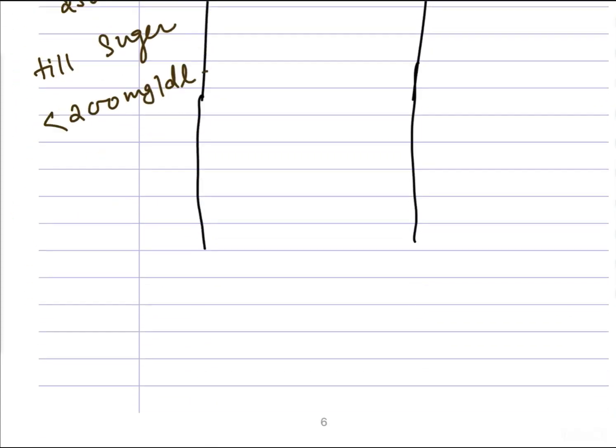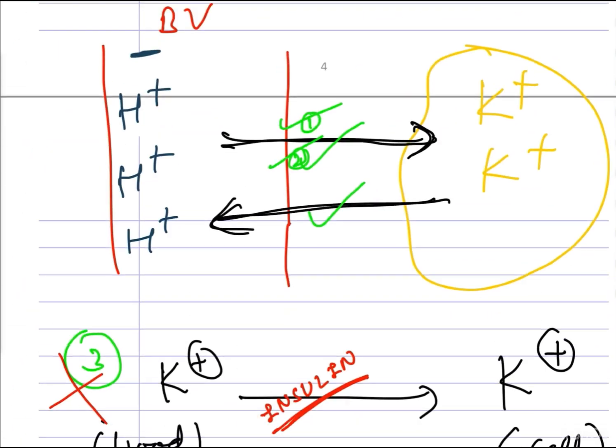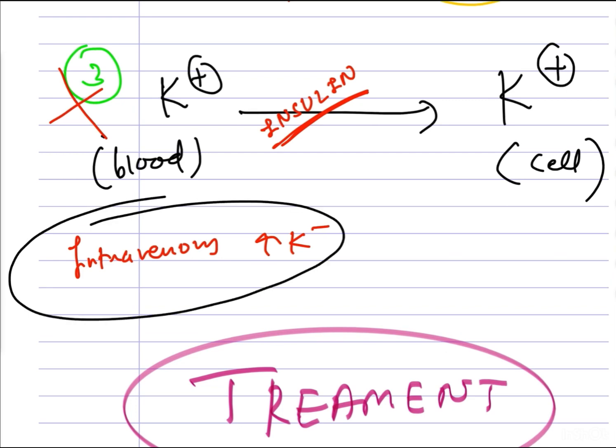Why do we want the potassium level? Because if the potassium level is low and you are giving insulin... Why would the potassium level be low? Because here we suggested that intravenous potassium will be high in the diabetes patient. So why can it be low?